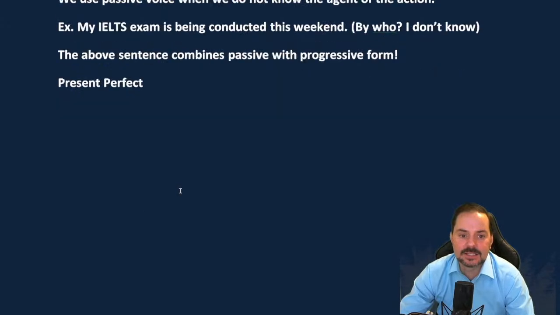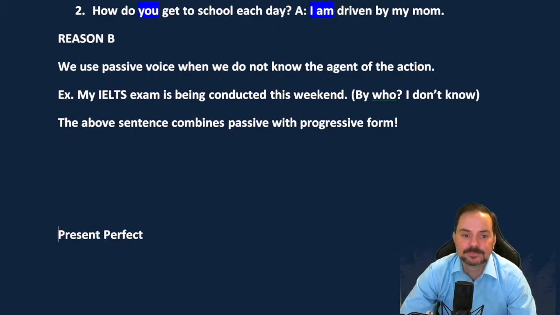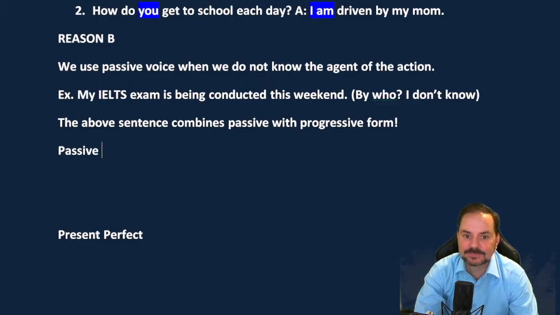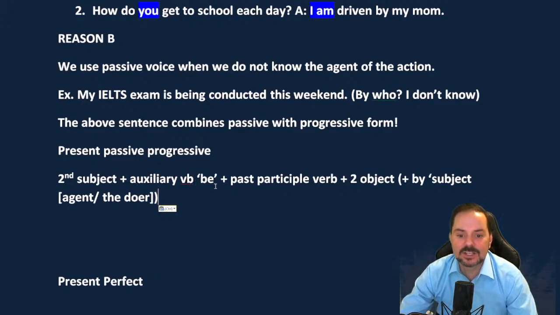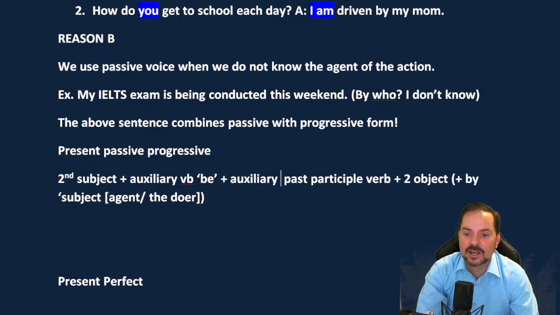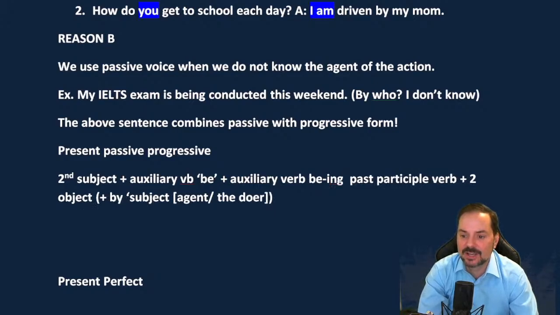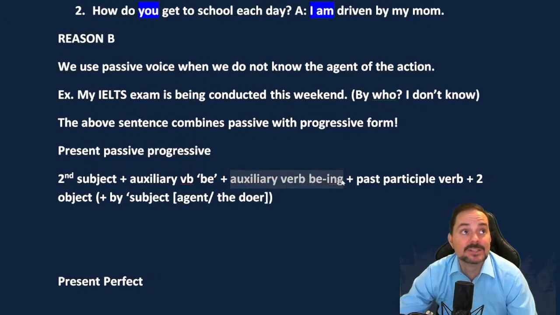So what is passive? So passive progressive. Present passive progressive. You kind of have the same thing here. So you have subject plus auxiliary verb be, and then another auxiliary verb be with ing, plus the past participle, right? That's because the second auxiliary verb is showing the continuous here.